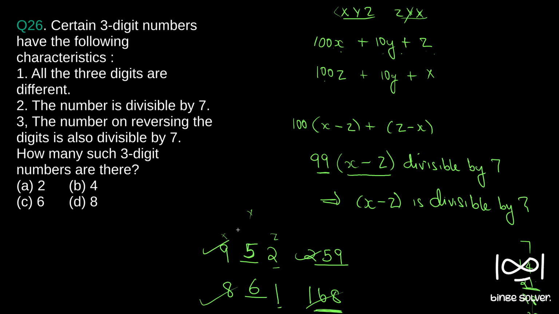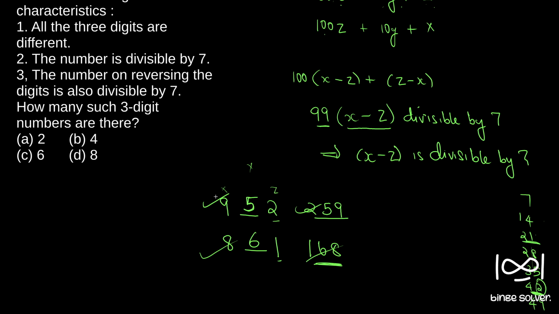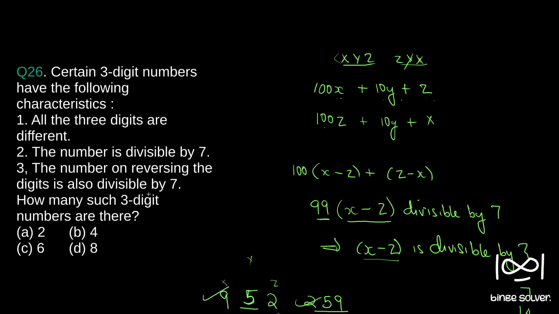There will not be any other number, since x minus z has to be divisible by 7. No matter what other combination you come up with, either this will not satisfy, or we cannot find any other y such that this number will become divisible. So only 4 cases are there, and the solution to this is 4.